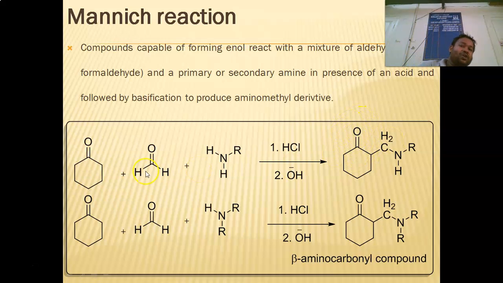You can change to any number of ketones and aldehydes present in the organic system. You can take any compound, but in most cases formaldehyde is used. Either you can use a primary amine or a secondary amine, it doesn't matter. They undergo reaction in the presence of HCl and OH, forming the corresponding beta amino carbonyl compound. So this is about the Mannich reaction.